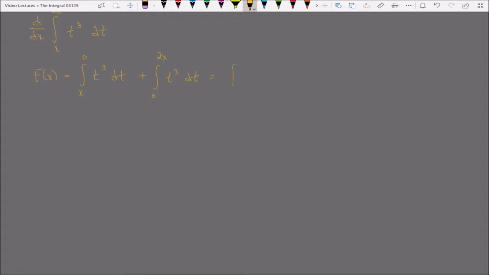This will equal the integral from 0 to 2x of t cubed dt minus the integral from 0 to x of t cubed dt.